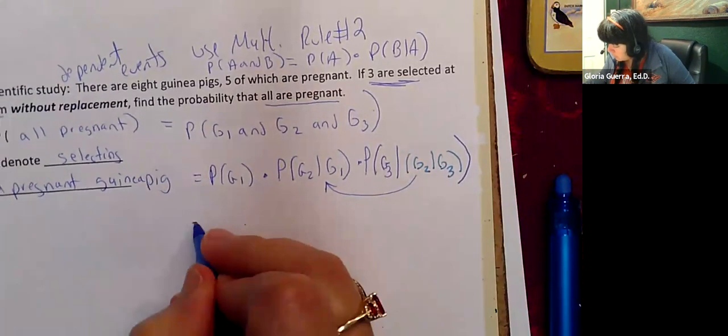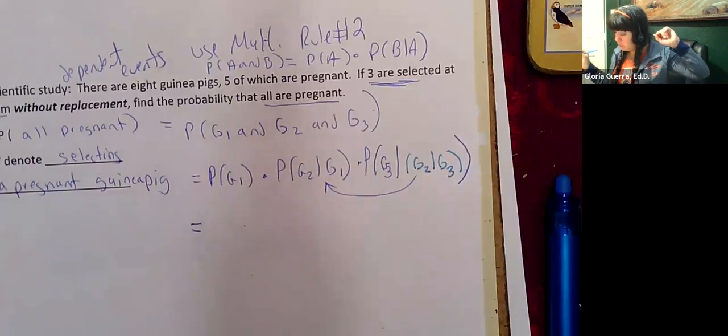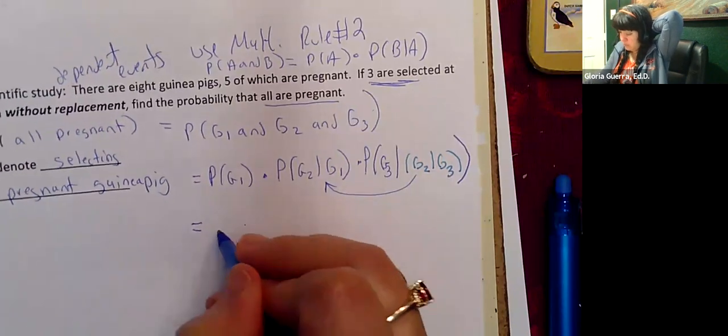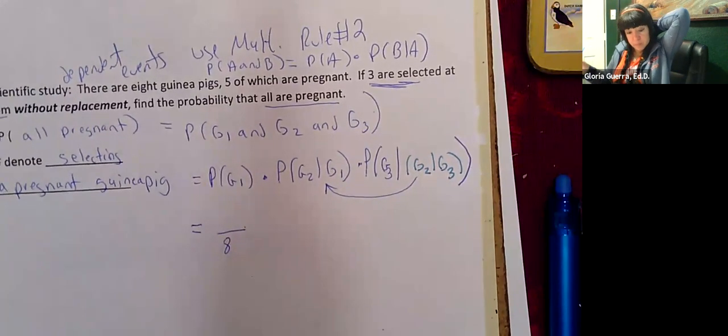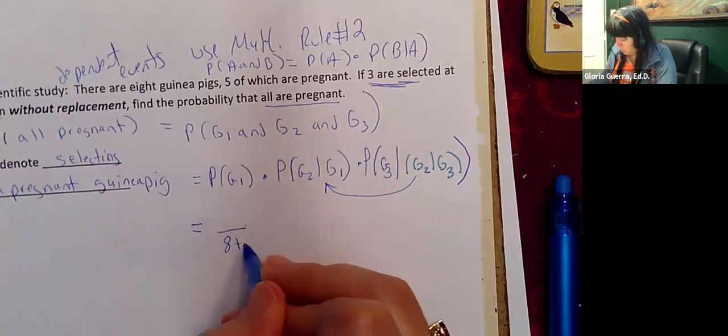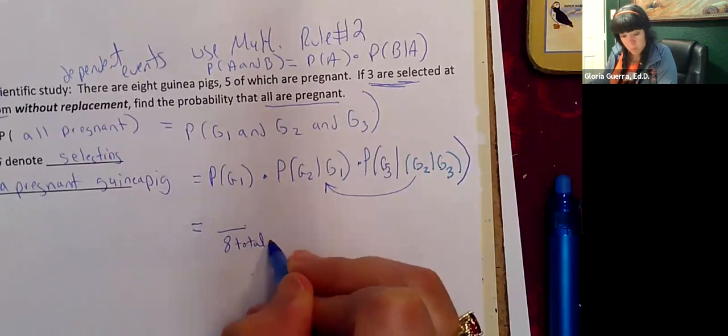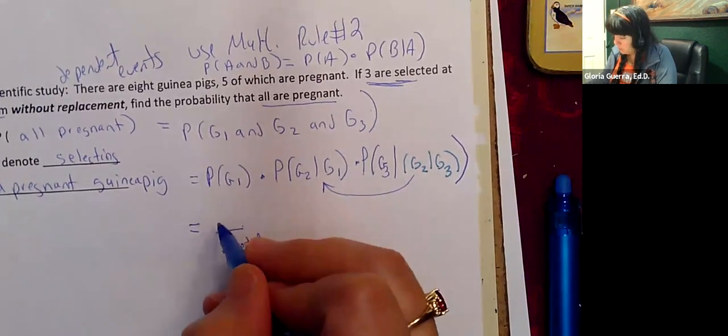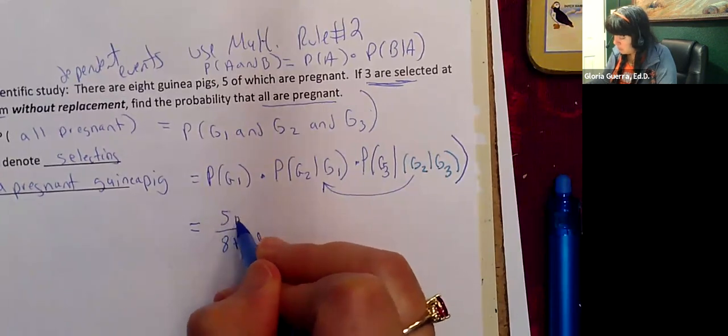Now, when we talk about the first fraction with the guinea pigs, there's a total of 8 of them. So that's your denominator. But the top, you're interested in the ones that are pregnant.